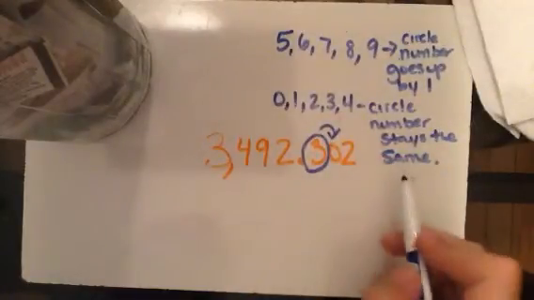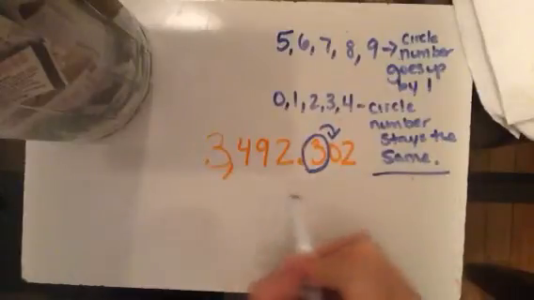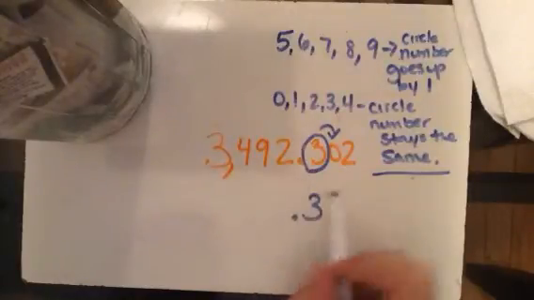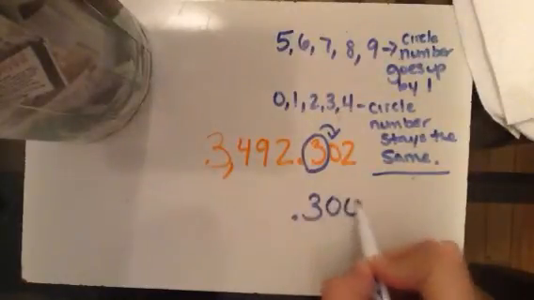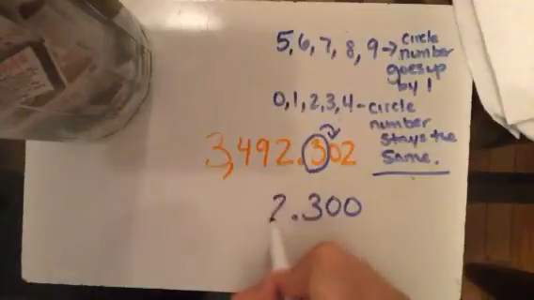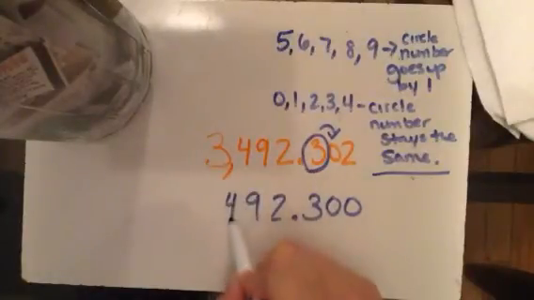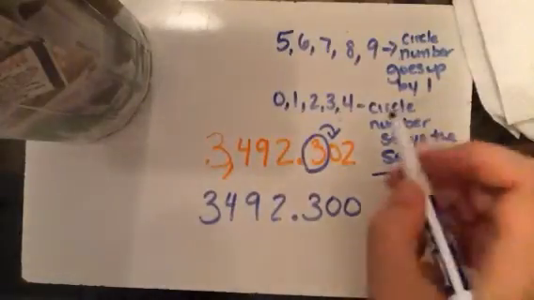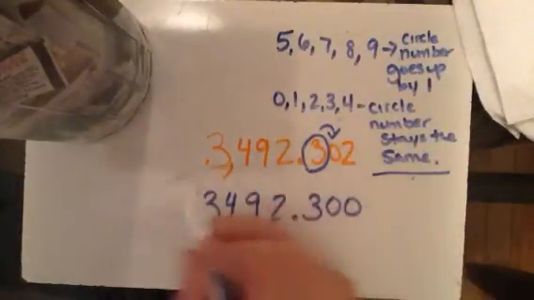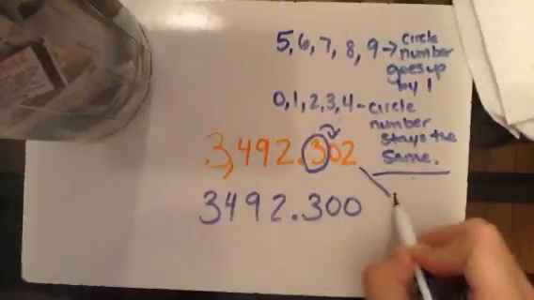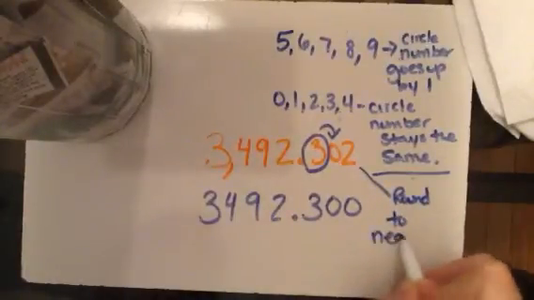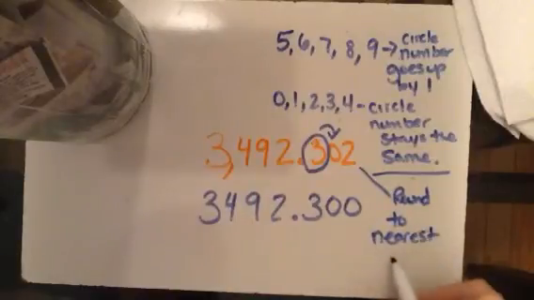It's a 0, so the circle number stays the same. So we're going to go ahead and bring our circle number down in our decimal. Numbers to the right, zero's your name. Numbers to the left stay the same. So we've rounded to the nearest tenth.